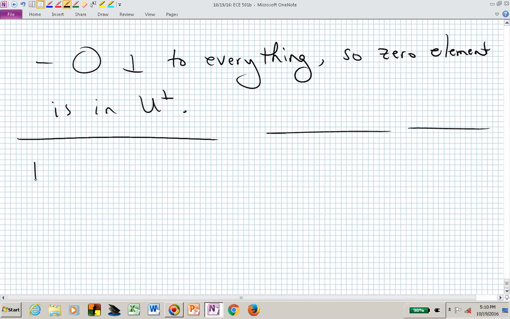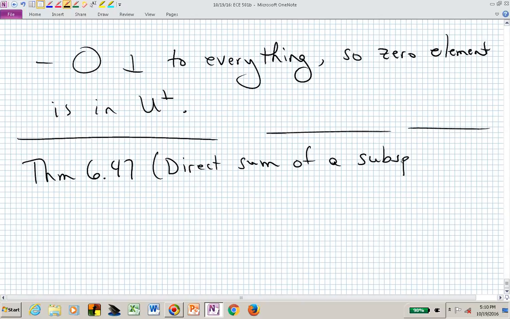Let's now look at a theorem, theorem 47. And this is now the direct sum of a subspace and its orthogonal complement.